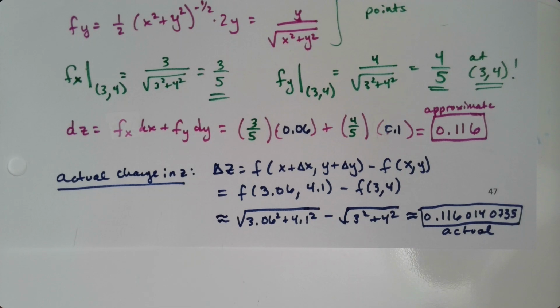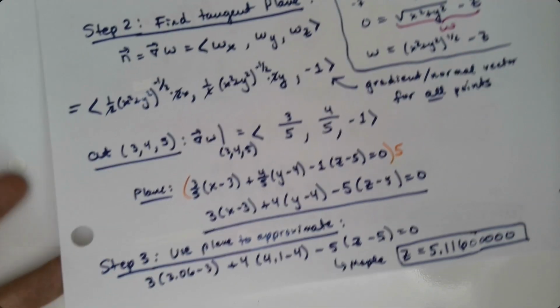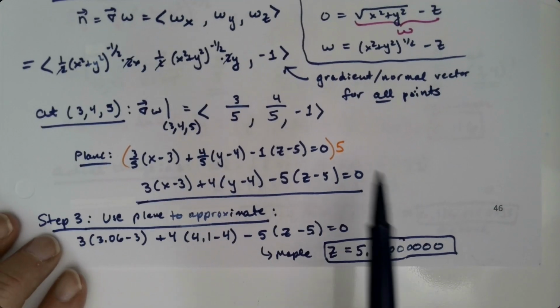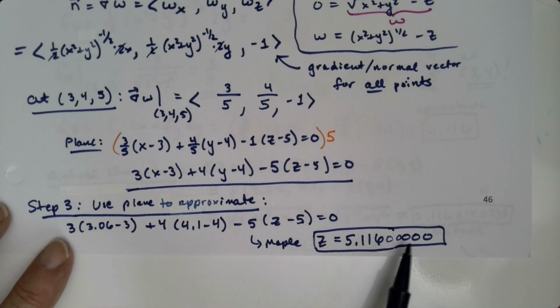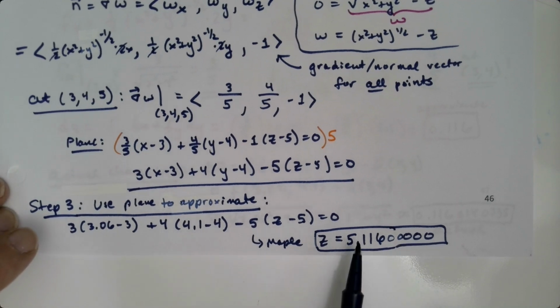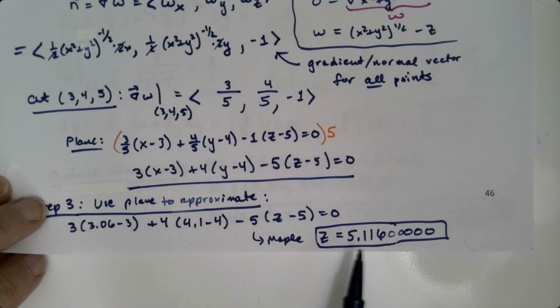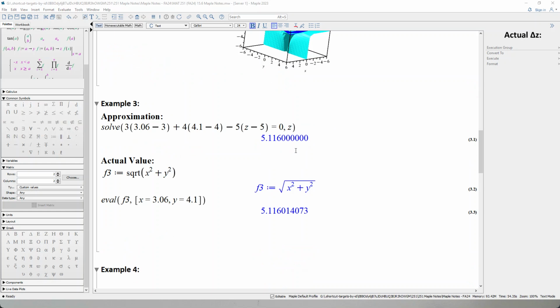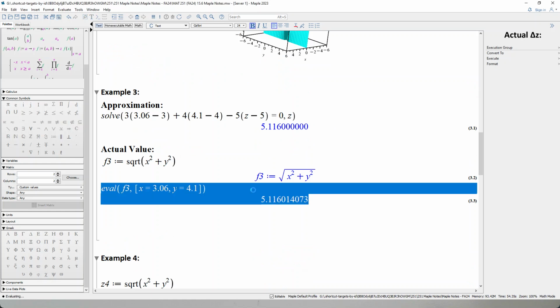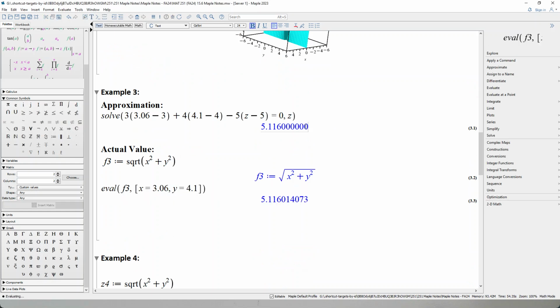And also, they should be setting off a little bell in your head because we've seen these numbers before. If we look at the previous example with the linear approximation, the change in the two problems, right? This was 5.116 with all the zeros after it. That was using the approximate, whereas the actual had this piece in the back. Just scrolling back to the Maple on that one so you can see. So there was the actual value, there's the approximation.